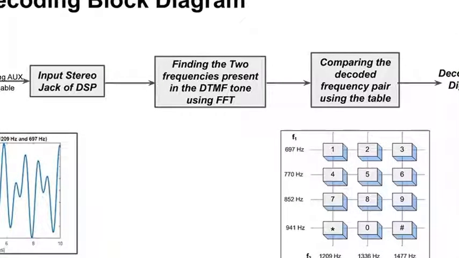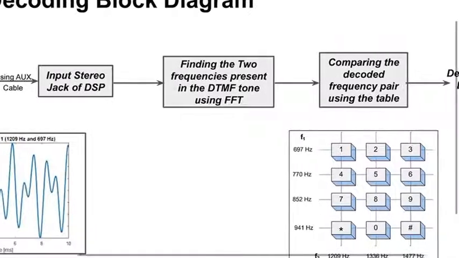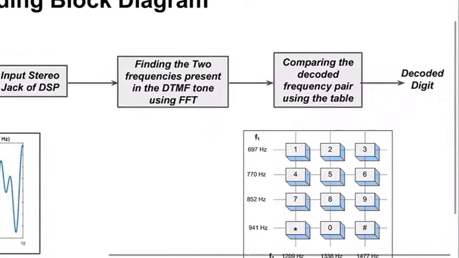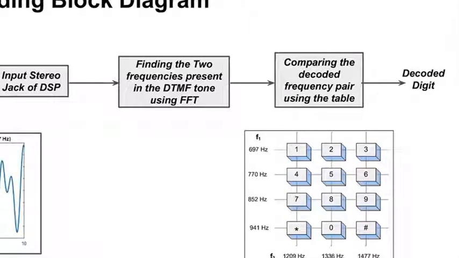When you observe the spectrum of the DTMF, you will see that there are two peaks. You need to find out at what frequency the two peaks are, and then use an if to compare the decoded frequency pair using the table, and then you identify the decoded digit.